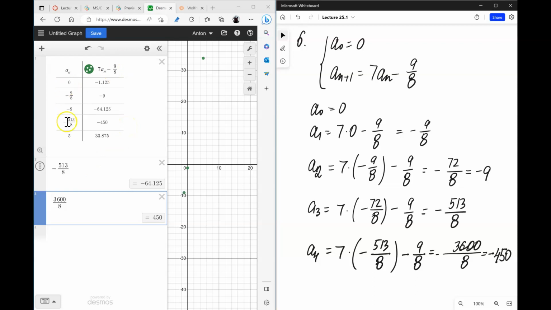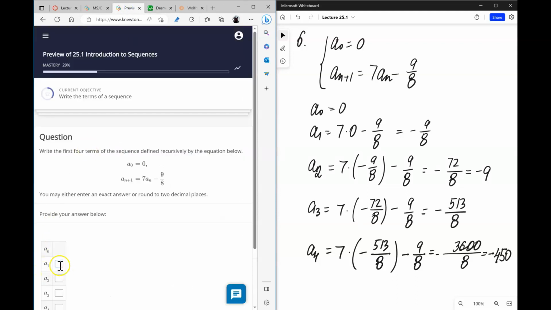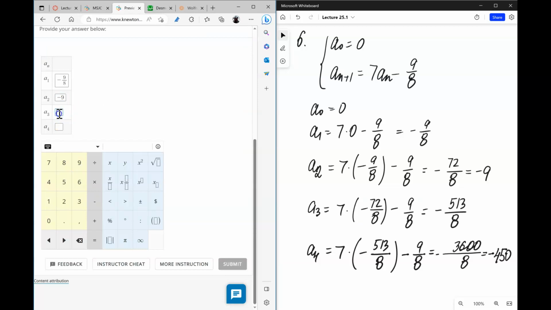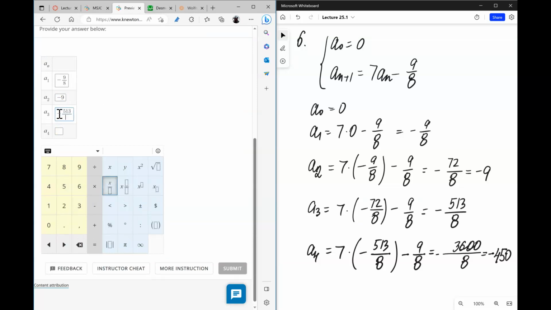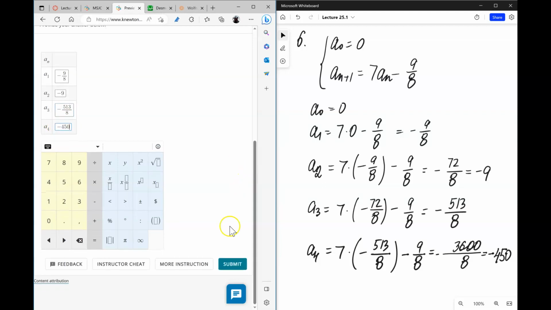This is the right answer. And that's it. Ready to enter. A1 is negative 9 over 8. A2 is negative 9. A3 is negative 513 over 8. And then we got negative 450.